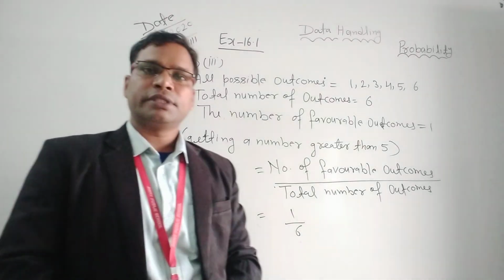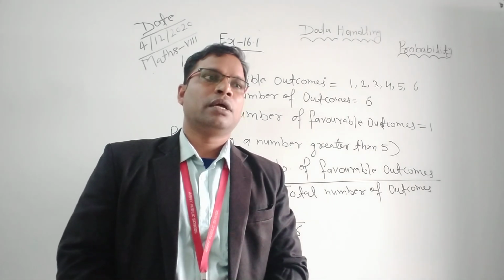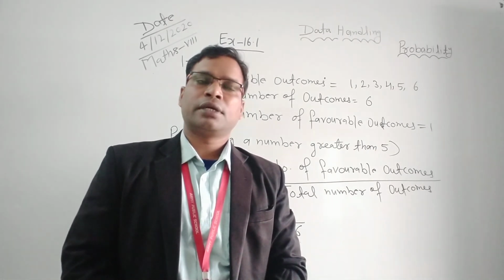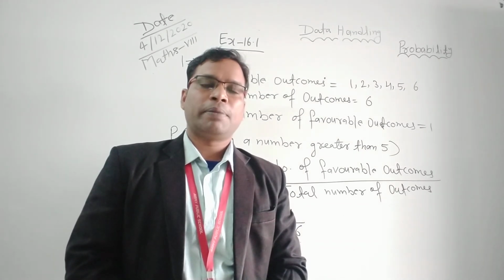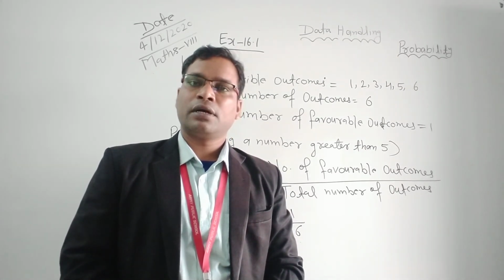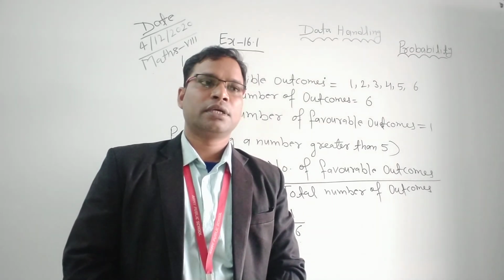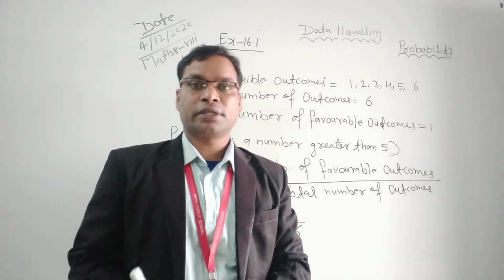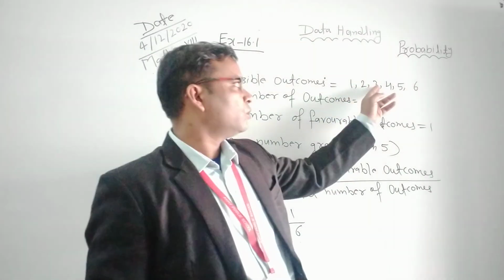Now the fourth part of this question: find the probability of getting a number not greater than 5. Not greater than 5 means 1, 2, 3, 4.